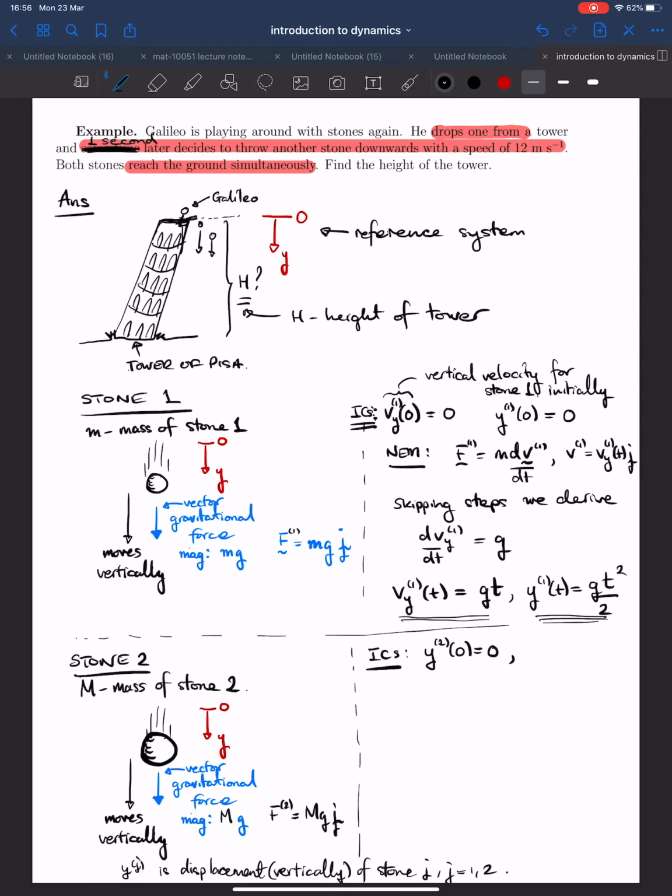Now, what about the initial condition for the velocity? Well, he does something different this time with this stone, and he gives it some initial velocity. So what we can say is Vy of 2, the velocity of stone 2, when t is 0, is 12 meters per second, or just 12 in this case. And following the above steps, what we get is dv2 by dt equals g.